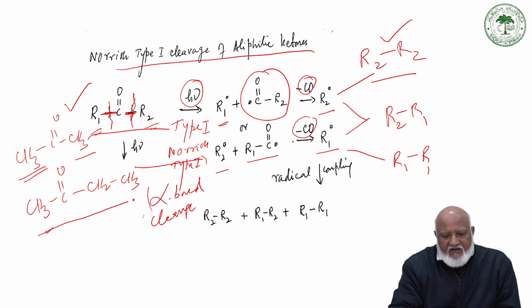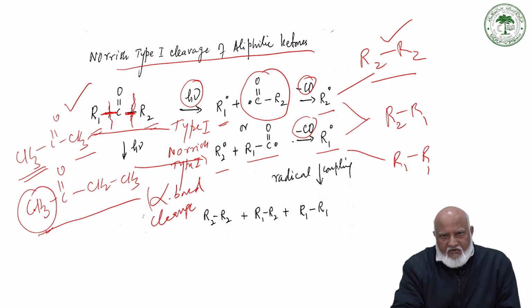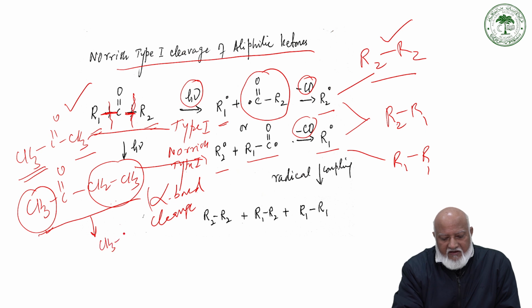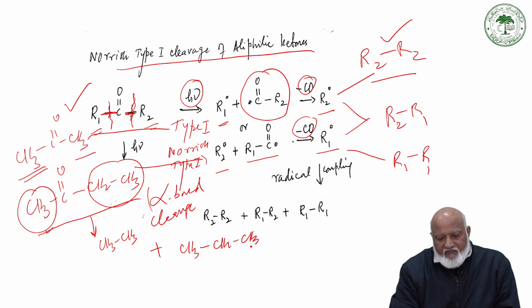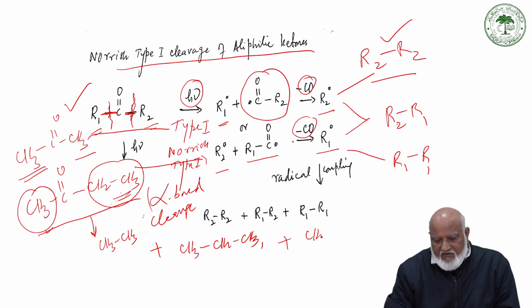If you start with butanone, we can get ethane, of course, along with a combination of butane, and a combination of ethyl and methyl, which gives propane. Or we can have a combination of ethyl plus CH2, CH2, CH3.